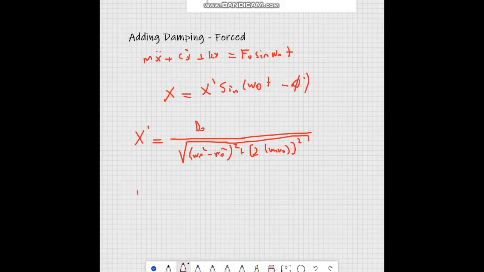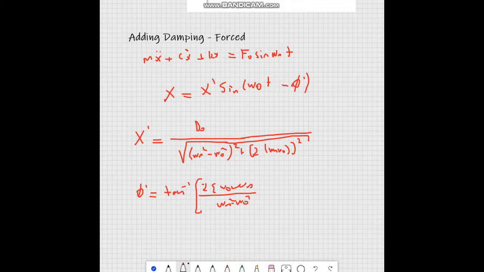If we want to calculate the phi prime, it is gonna be arctangent minus 1 of 2 psi omega 0 omega n over omega n square minus omega 0 square.